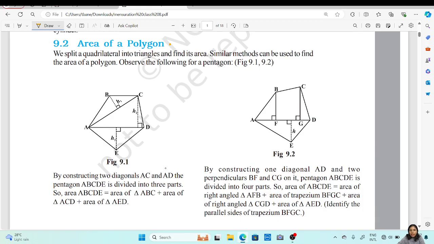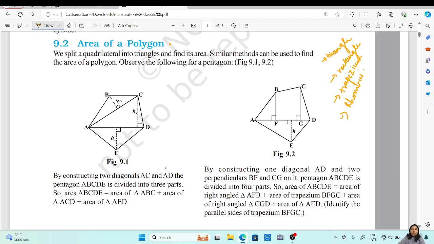Look at this figure. It doesn't have any fixed shape, or you can say it is slightly pentagonal in nature because it has 5 sides. So how are we going to find the area of such a shape? What we know is the area of a triangle, the area of a rectangle, the area of a trapezium and maybe the area of a rhombus.